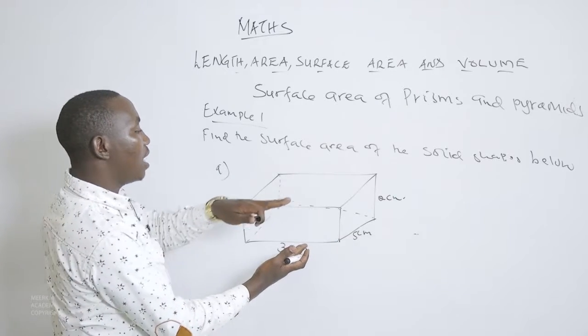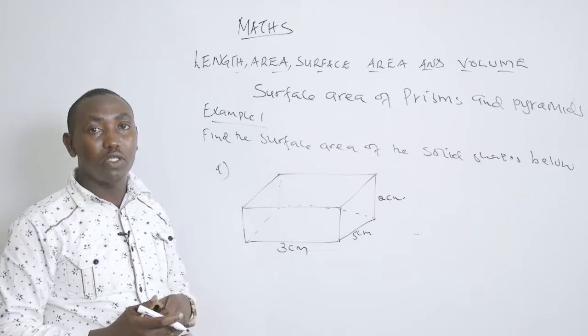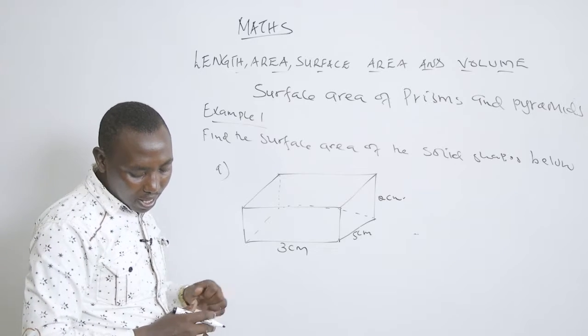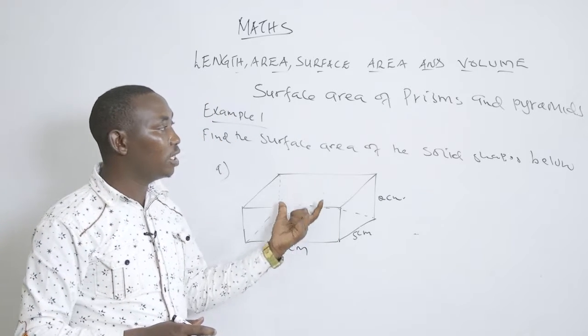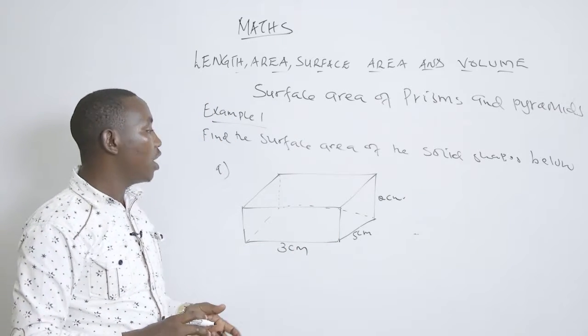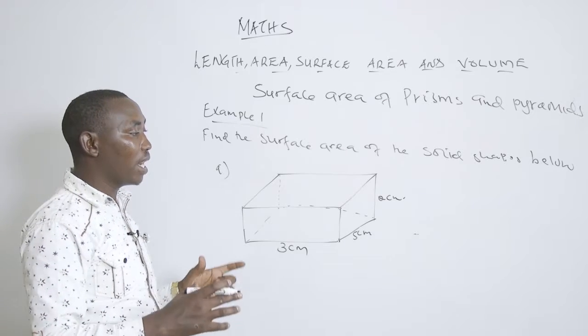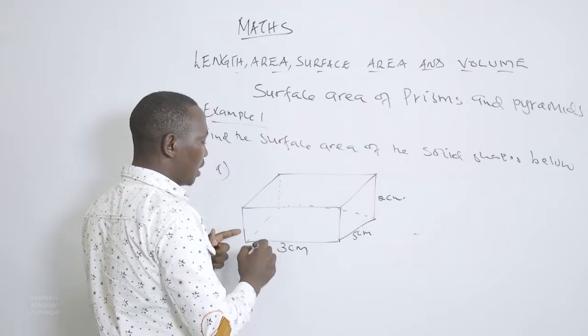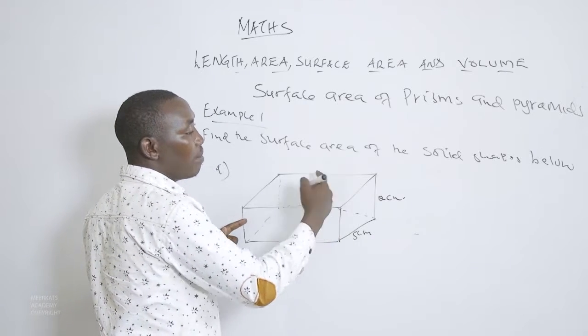Then the base, the bottom and the top are also equal rectangles. Now for you to find the area of this solid shape, you need to find the different areas of those bits. So in this case, we need to get the area of this face multiplied by 2.